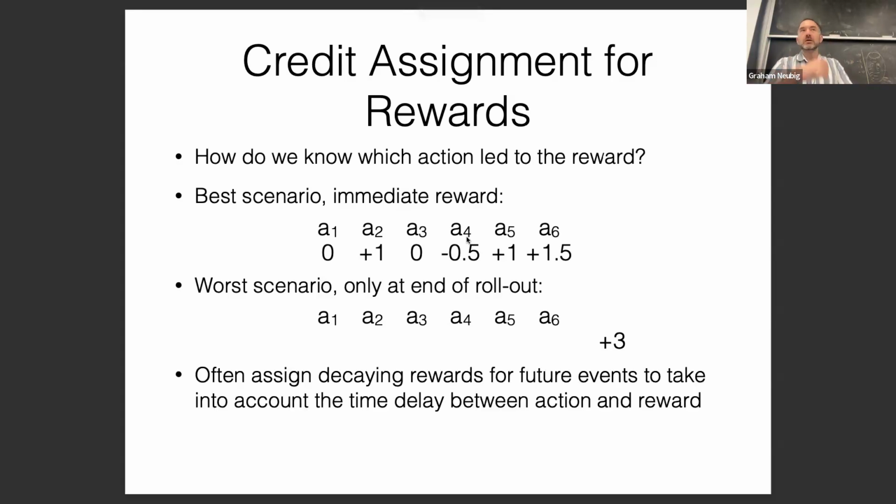So often there's a practice, especially for very long sequences, of assigning decaying rewards for future events. And so this would be something like, let's say we have a very long conversation, you would assign more reward to the things at the very end of the conversation than you would for the things in the beginning of the conversation.